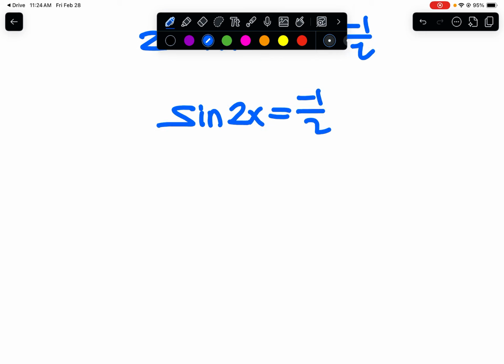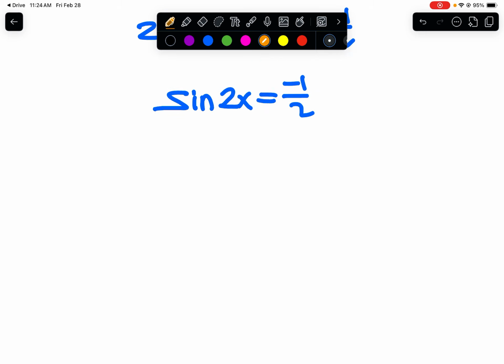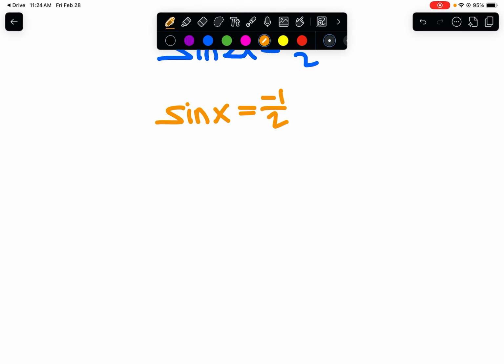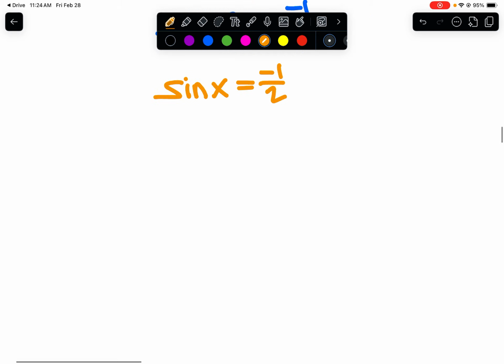Now for the next part, we're going to ignore this 2 for a second, and I just want to evaluate sine of x when it's equal to -1/2, and then we're going to bring in that 2 in the next couple steps. So sine of x equals -1/2 happens at 7 pi over 6 and 11 pi over 6.